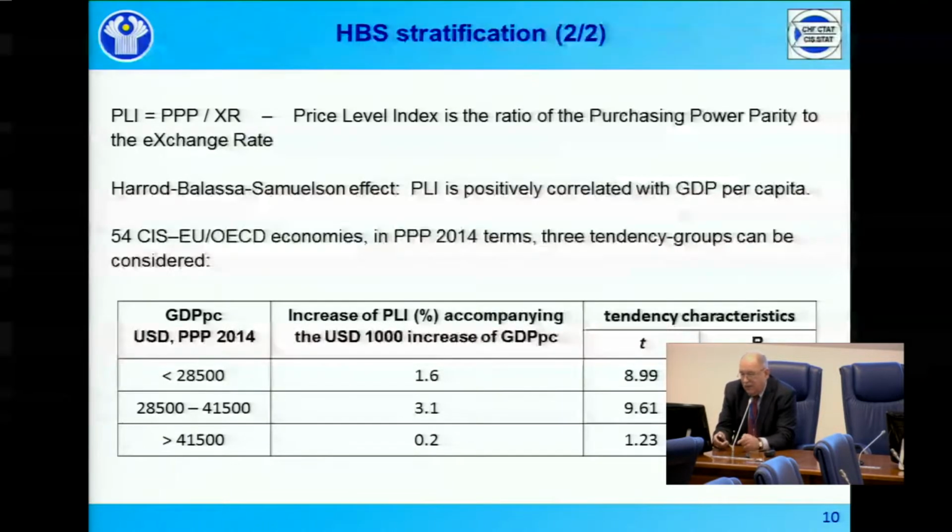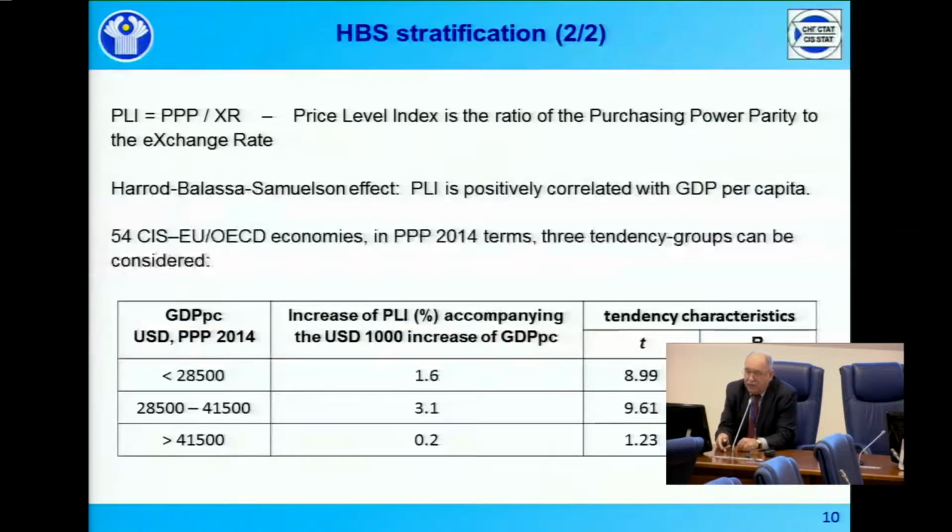The weakest economies, well, it's very difficult to use correct terms, but these are really the weakest economies, which have GDP per capita at PPP of not more than $28,500. They have not a fast tendency of increasing PLI following the increase of GDP per capita.